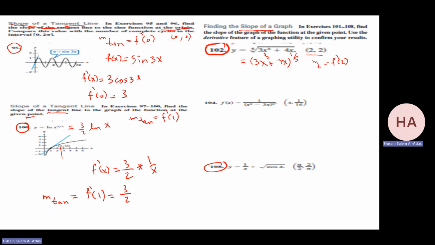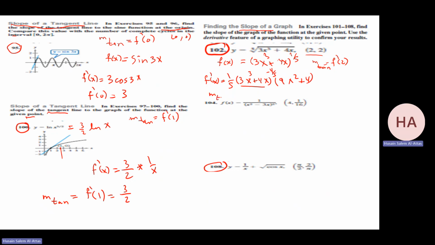This is the m tangent. So first I need to do f prime. F prime is 1 over 5, 3x cubed plus 4x to the power minus 4 over 5, times the derivative of this, which is 9x squared plus 4.